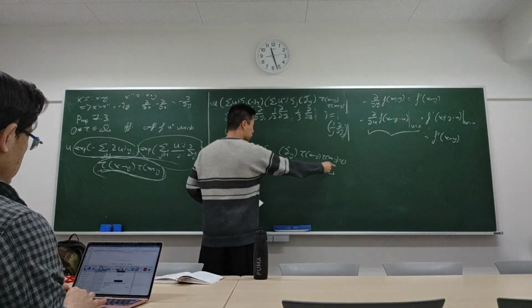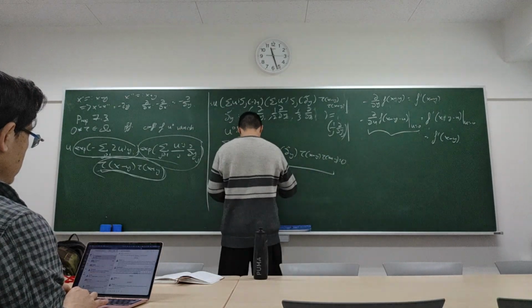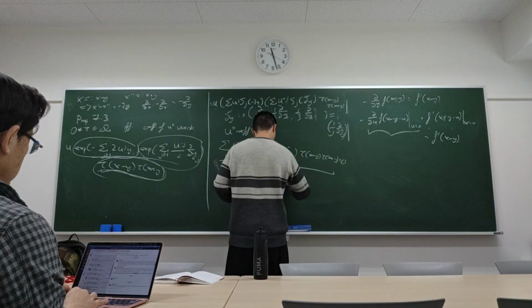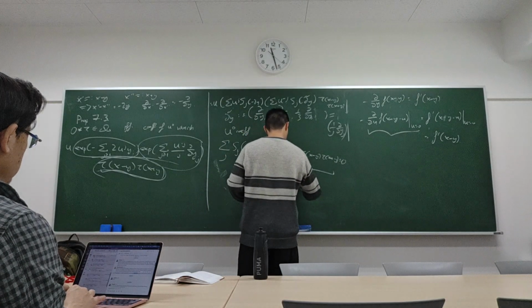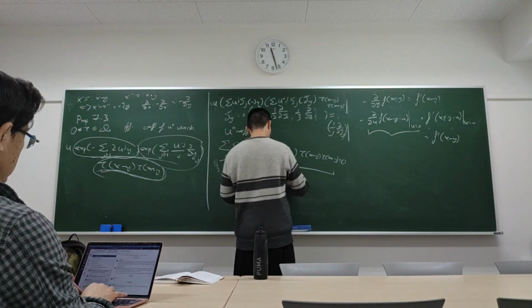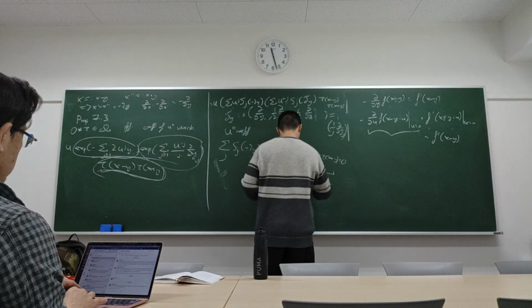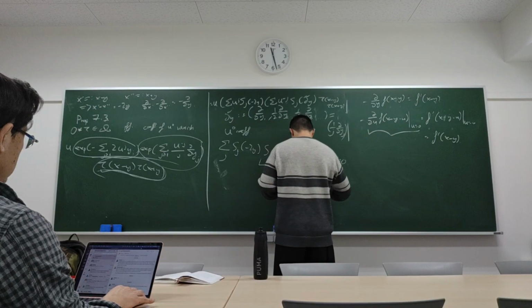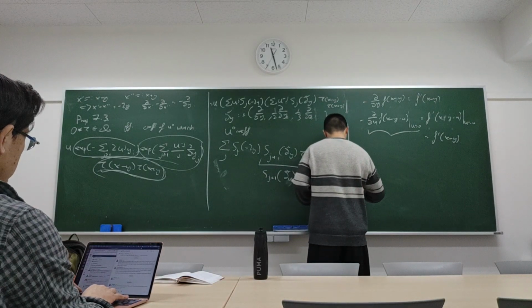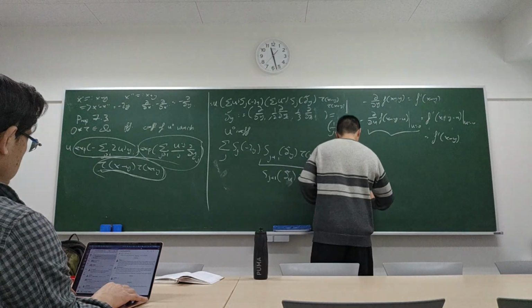I'm just now considering this part only. This gives you s_(j+1) of ∂_y, ∂_u, of g(x minus y minus u), g(x plus y plus u), at u equals 0.